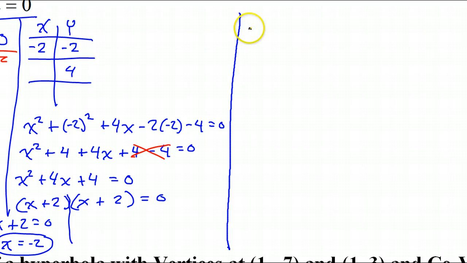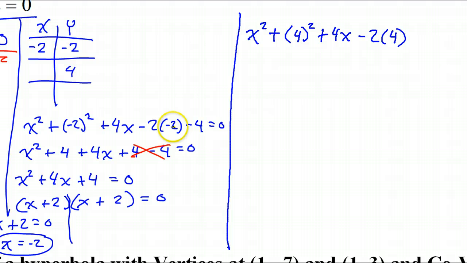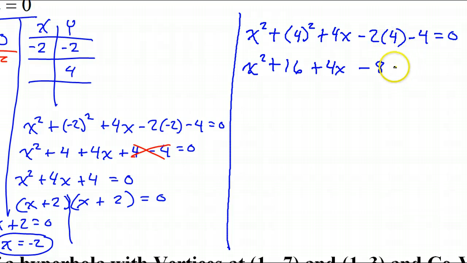So I have x squared plus 4 squared, and then 4x minus 2 times 4 minus 4 equals 0. So that'll be x squared plus 16, plus 4x minus 8 minus 4 equals 0.